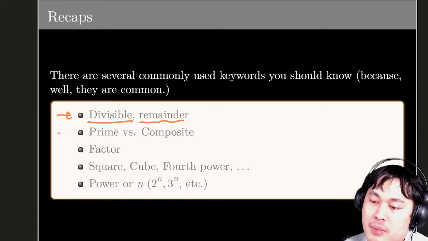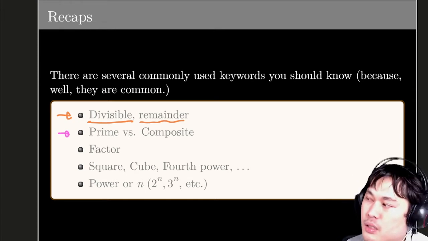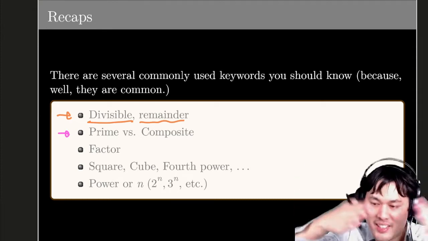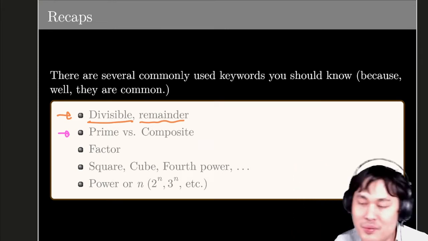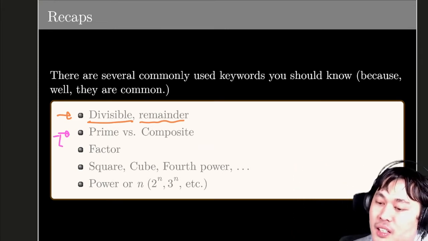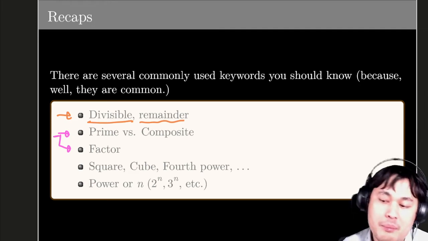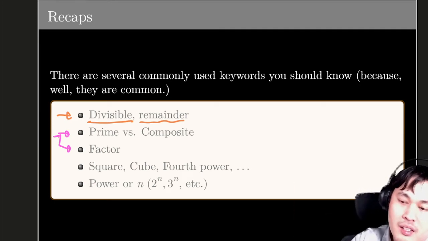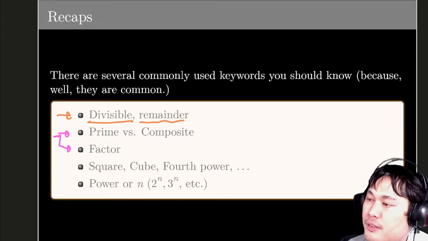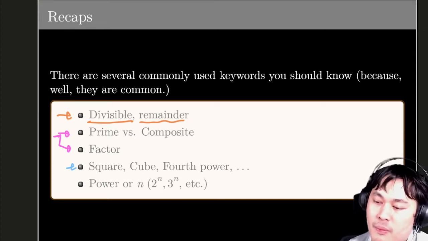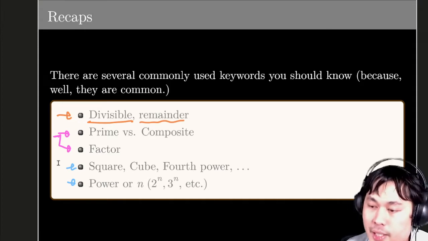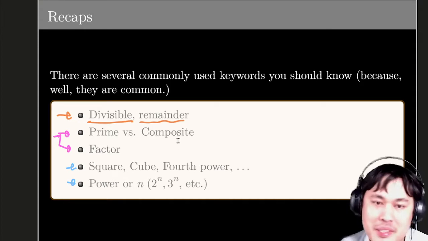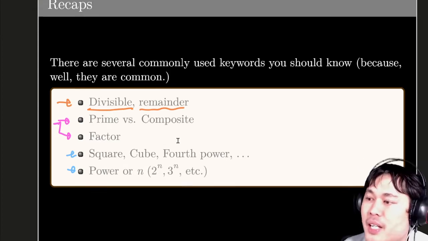Then numbers can be separated into two groups, like a prime or a composite, which you see again shortly, and then we can factor a number and express a number in a different way. Then some keywords on square, cube, or power of something. But there are like 5, 6, 7 keywords. Let's jump right into it.